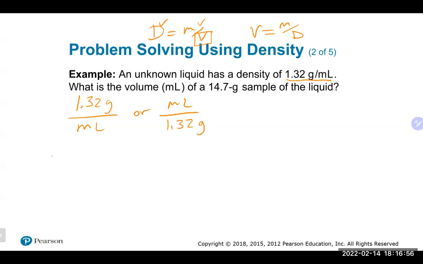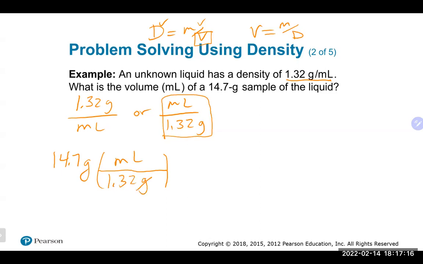If you take the dimensional analysis approach, you hopefully won't mess up on rearranging. You just do what we did with conversions. I see grams are up on top, which means my grams need to be on the bottom, which means I should use this one, which is essentially dividing by the 1.32 grams. And if we do that, we would take our 14.7 divided by 1.32.